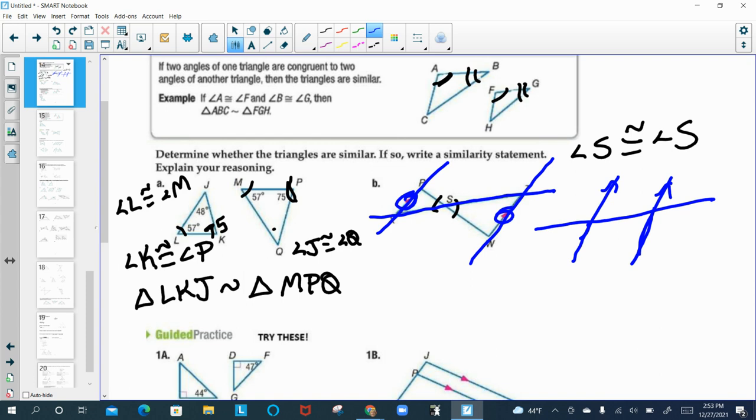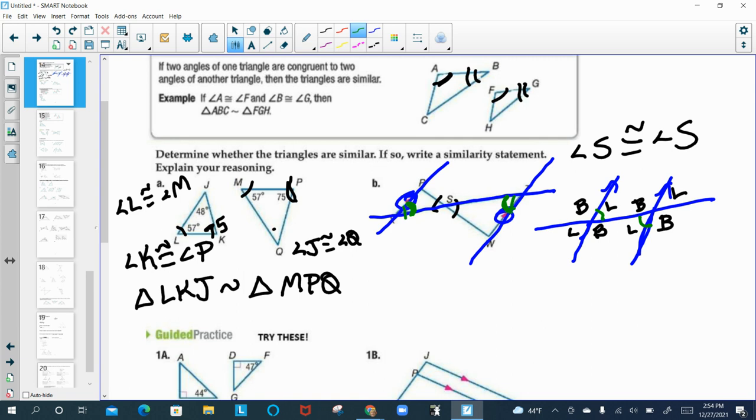If you look at this angle right here and this angle right here, we can label our B's and L's. These are alternate interior angles, and they're both L. So those are actually angles that are congruent.